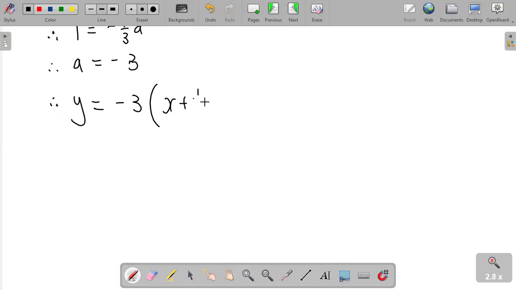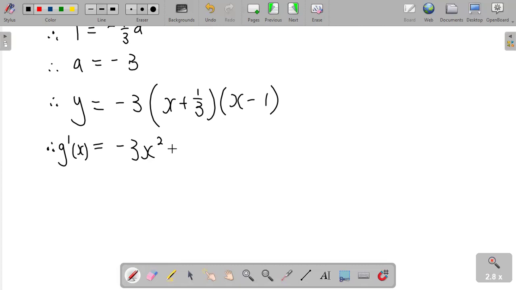Times (x plus 1) over 3 equals, so it means therefore g prime of x equals, you simplify, it's going to be negative 3x squared plus 2x plus 1.